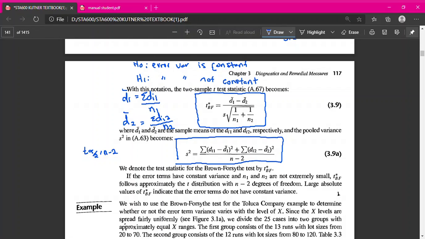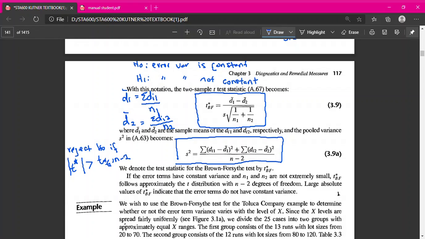Okay, so kita akan reject H0 if the absolute value of the T statistic is more than T alpha over 2, N minus 2, the critical value from the T table with N minus 2 degrees of freedom.